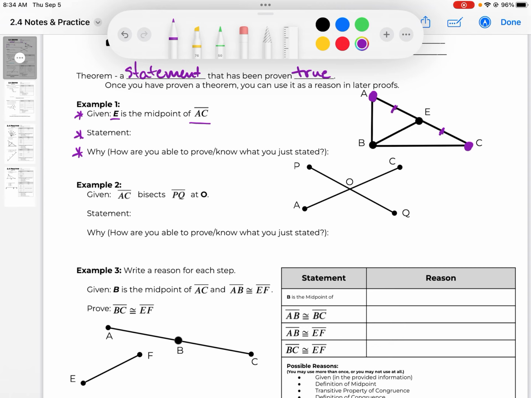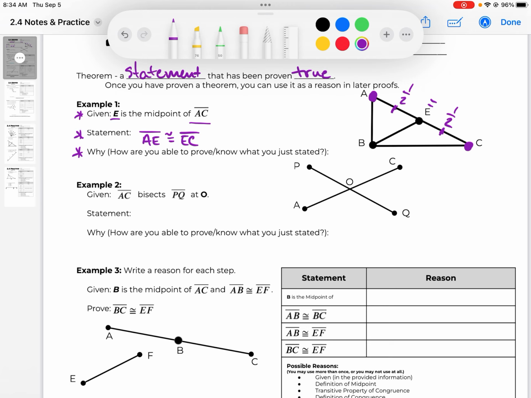So that automatically tells you that each of these segments is half and half, and they're equal to each other, okay? So just knowing that, an example of a statement that we could make, we could say, knowing that E is the midpoint of AC, we could say that segment AE is congruent to segment EC, segment E to C.